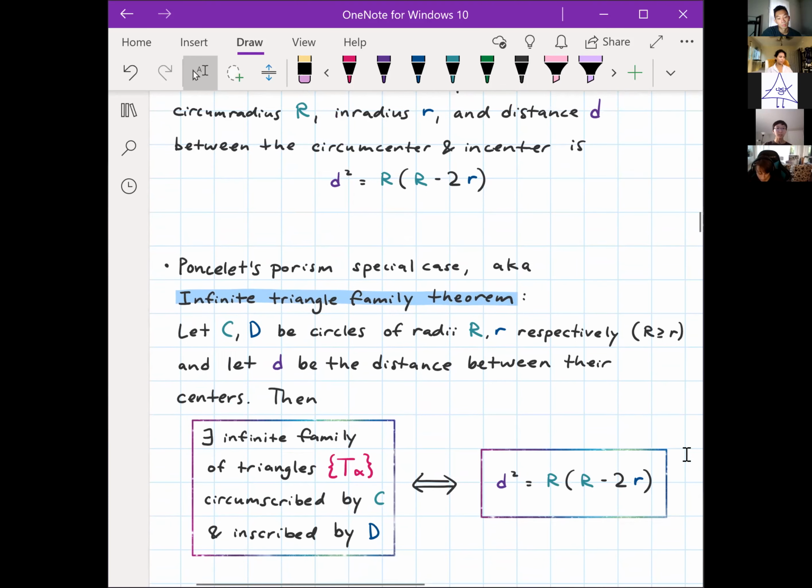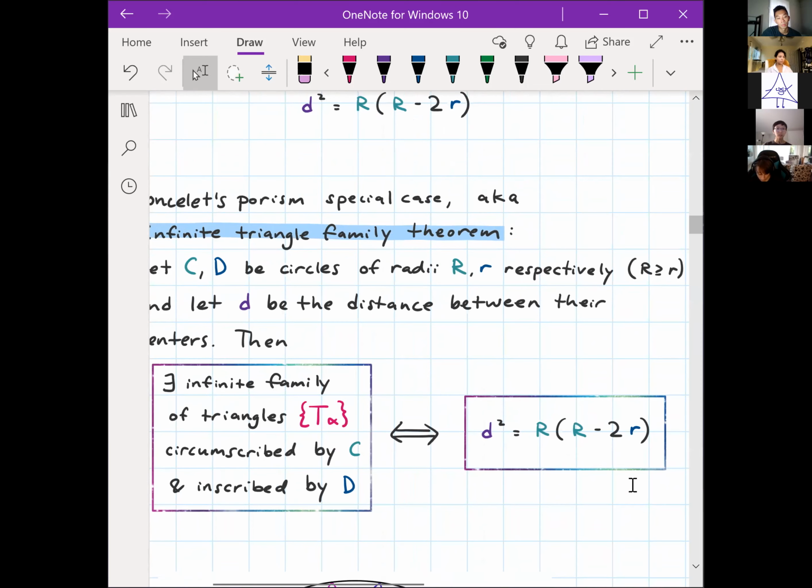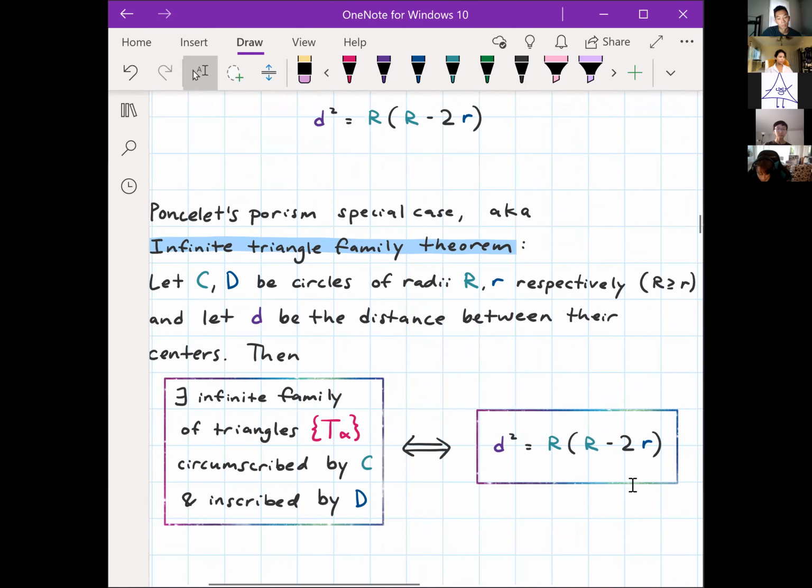And let D be the distance between their centers. Then Euler's theorem gives us this criterion that we have an infinite family of triangles, T alpha, circumscribed by C and inscribed by D, if and only if we have this polynomial relationship between the three quantities, D, R, and little r.